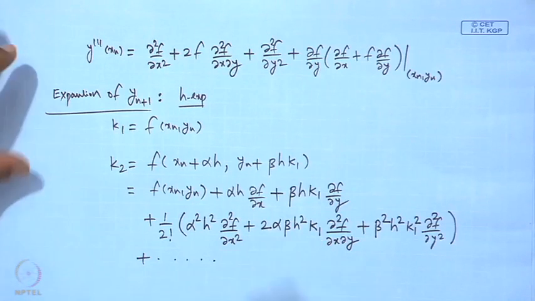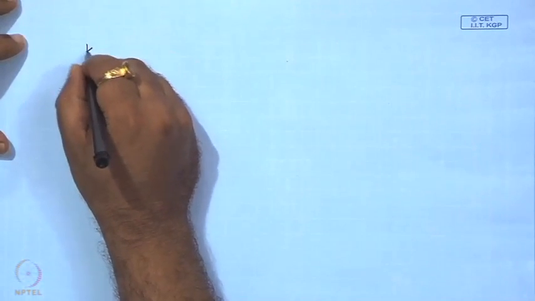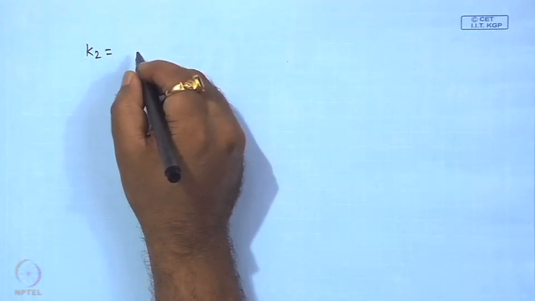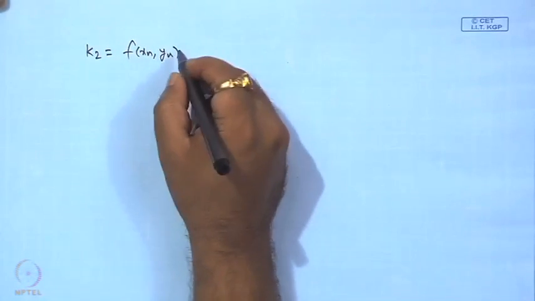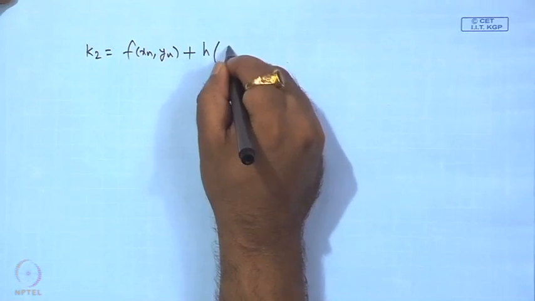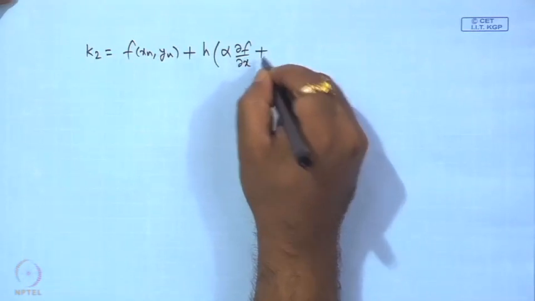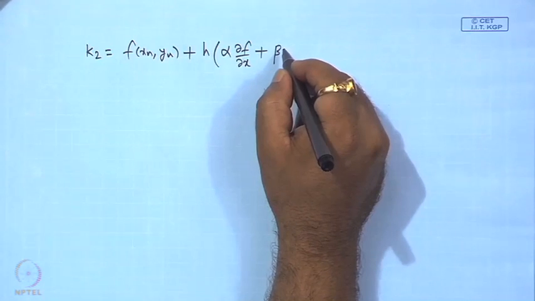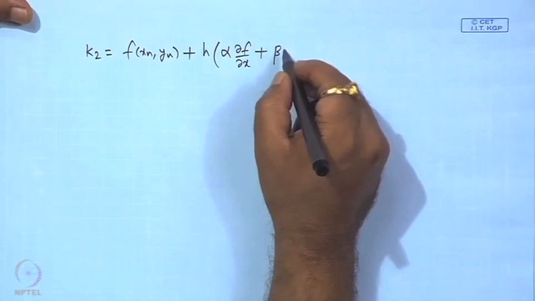So, now this can be simplified, okay, as follows. So, k 2 is given by, plus h, so beta. So, we have a k 1 there.